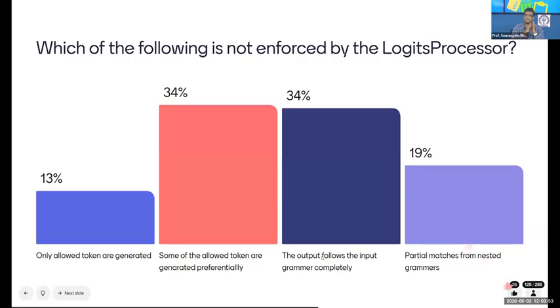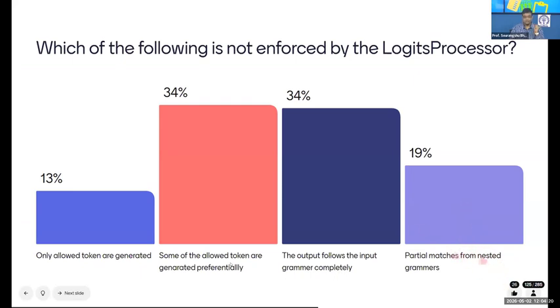At 1 digit, 2 digit, 3 digit, 4 digit. So it is not easy for you to specify that it has to generate actually 10 digits. The completeness is not there, but you can specify that it should generate digits. That is why completeness is difficult to specify using this logits processor.